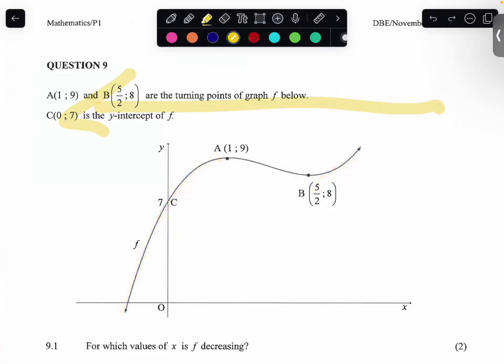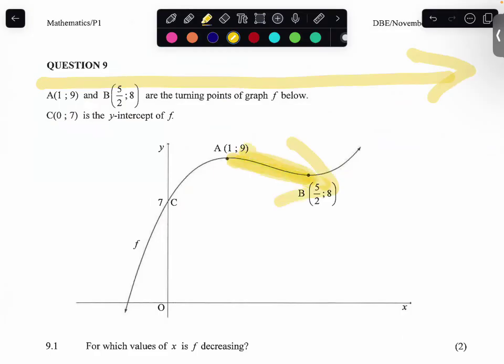You're always looking at the graph from left to right. And from left to right, the graph is going down from there to there, right? So the graph is going down from 1 to 5 over 2. So for which values of x is f decreasing? It's decreasing from 1 to 5 over 2. For which values of x, put an x in the middle.